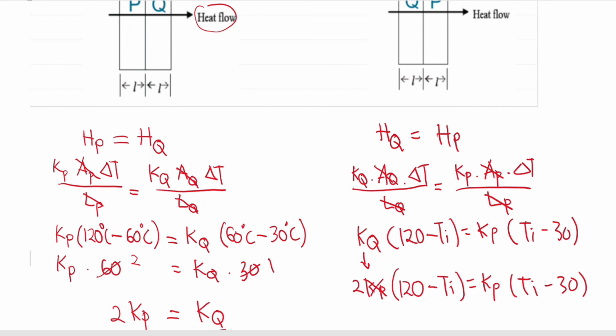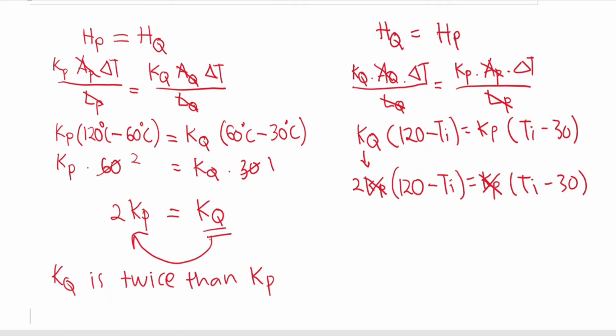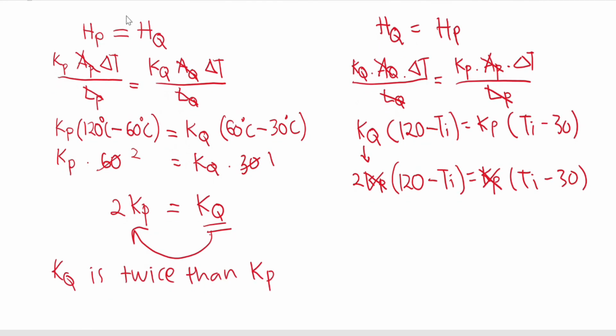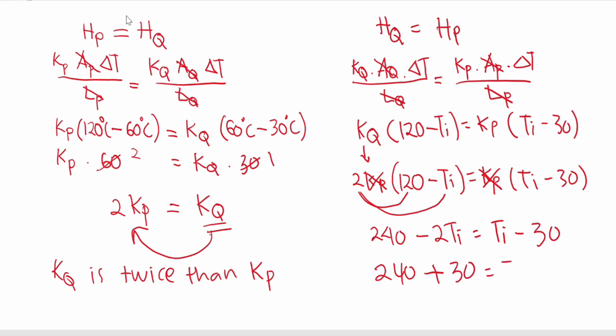We can eliminate KP because it is the same on both sides, and multiply it out. So it's going to be 2 times 120, 240, minus 2 Ti equals Ti minus 30. And then we can make it 240 plus 30 equals Ti plus 2 Ti. So it is 270 equals 3 Ti. So Ti is equal to 90 degrees Celsius.